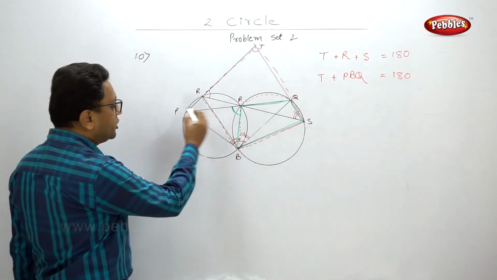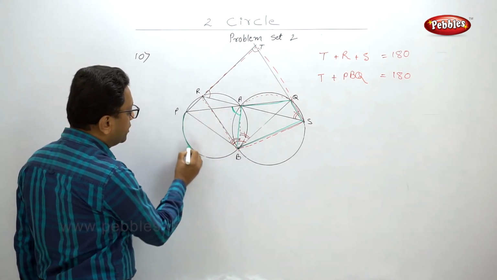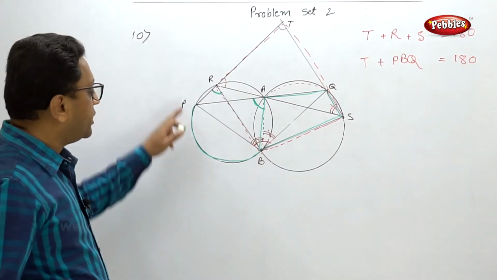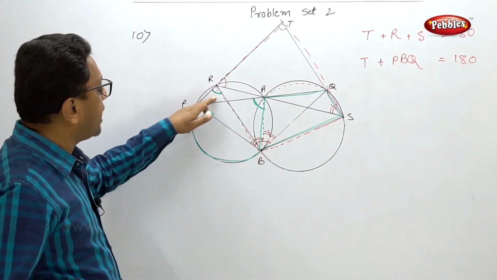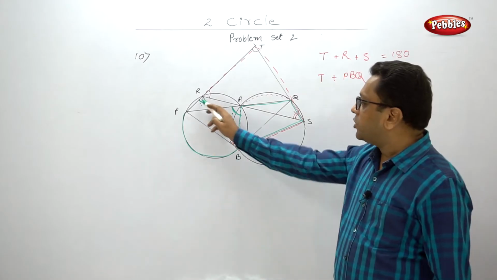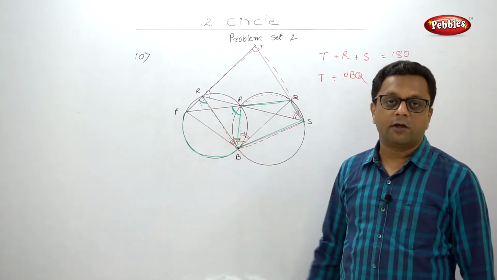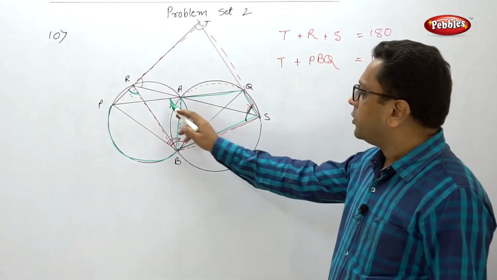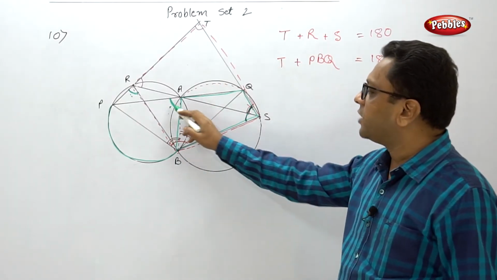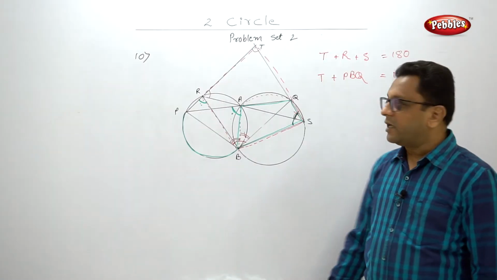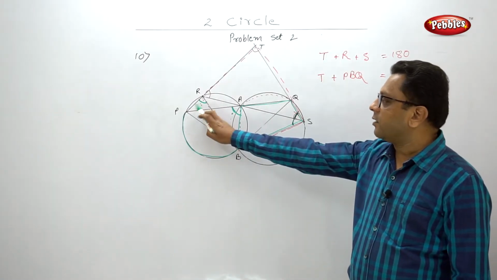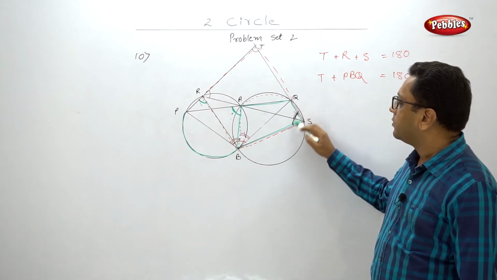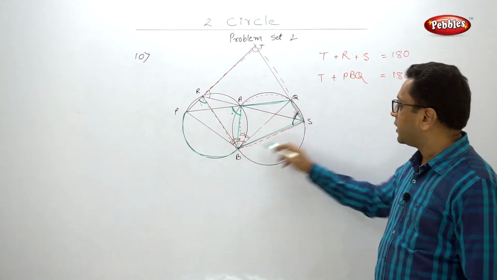Now, can you see that this is the arc subtended by this angle, but this arc is also intercepted by this angle. So these two angles are equal, angles in the same arc. So we know that these two angles are equal because this is the exterior angle. So ultimately I can say that this angle PRB is equal to this interior angle of this cyclic quadrilateral.